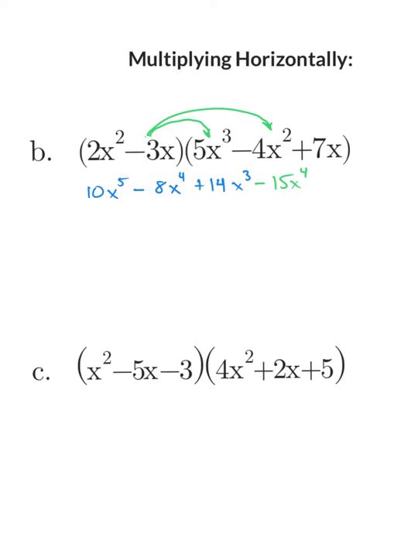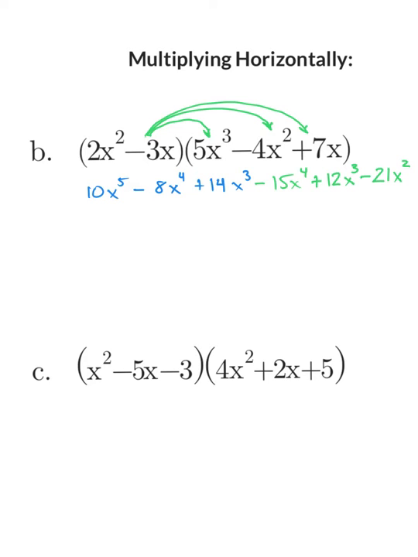Minus 3x times minus 4x squared, we want to change our sign to a plus, negative times a negative. 3 times 4 is 12. Add our exponents, we get x cubed. And finally, minus 3x times 7x, we get minus 21x squared.